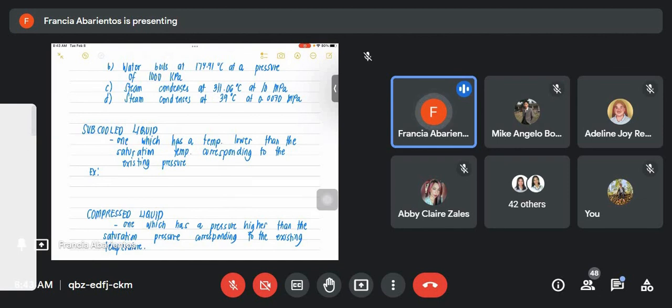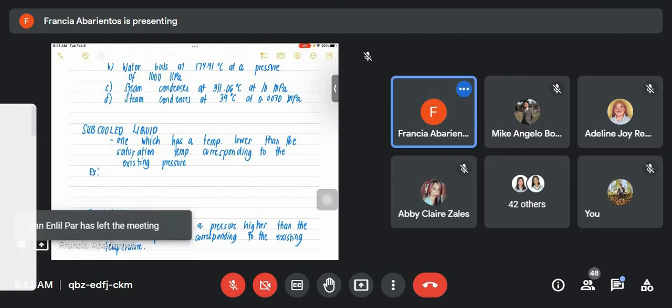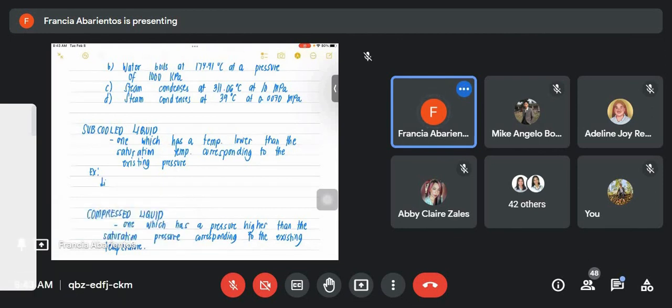So, liquid water at 60 degrees Celsius and 101.325. When we have the temperature, you should always have a corresponding or existing pressure.